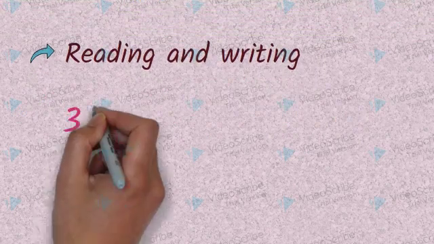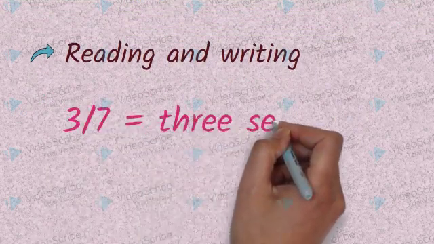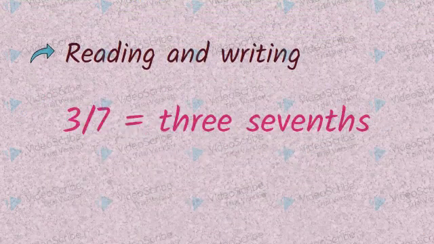Second thing, reading and writing the fraction. How can I read and write the fraction? As I told you before, the number above the line we call the numerator, and the number down the line, the denominator. Numerator, we read it as a normal number: 1, 2, 3, 15, 20. The number down the line, denominator, we read it as an order number.